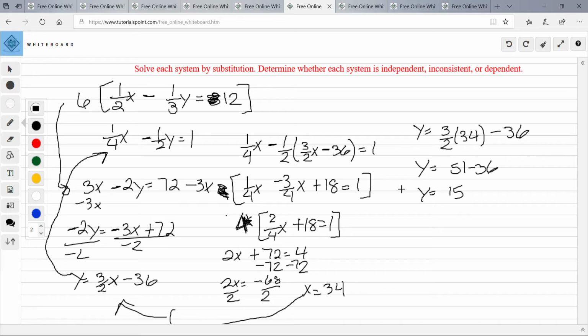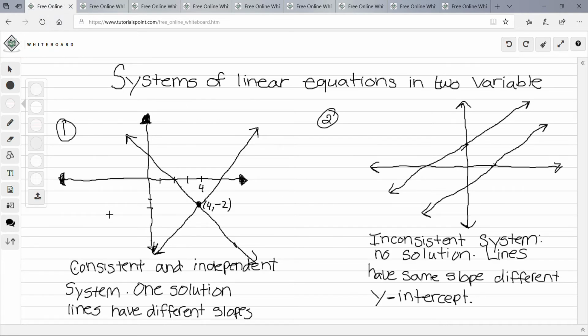So our solution is (34, 15). So what does it mean when we have a solution? Remember, if we have only one solution, it's consistent and independent and has different slopes. So it's this graph.